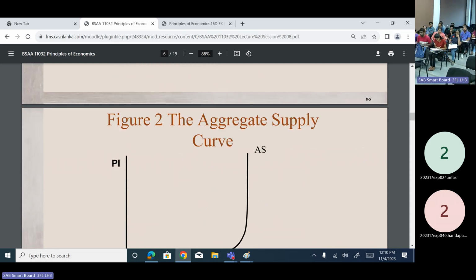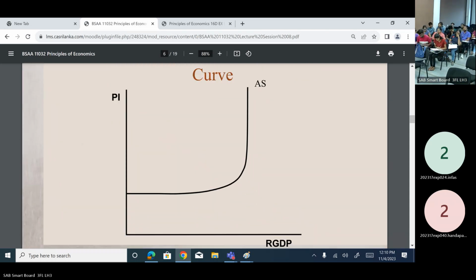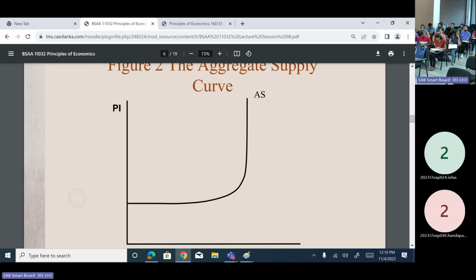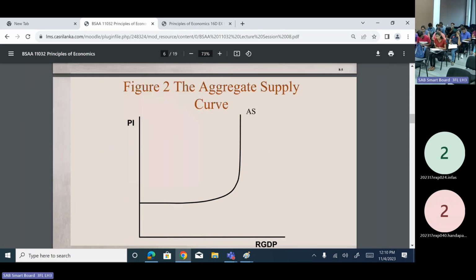Write down aggregate supply curve, and please write down backward bending curve. Look at the curve. It is not upward sloping. The aggregate supply curve is backward bending.